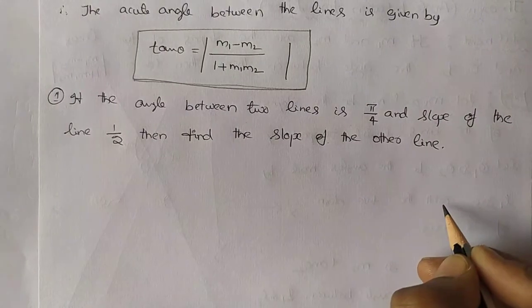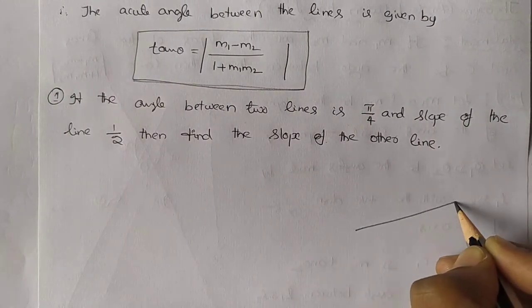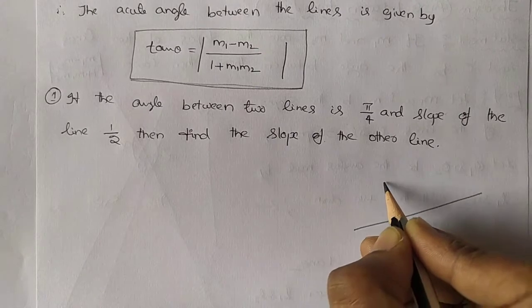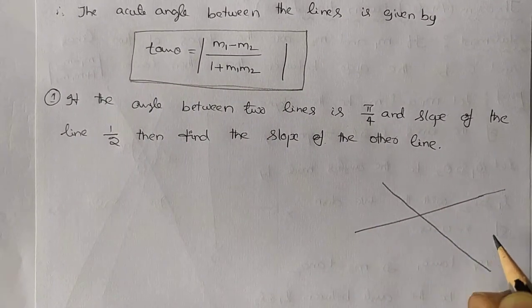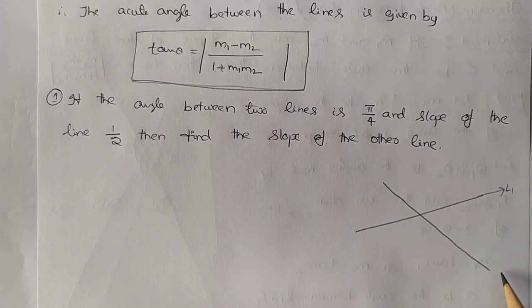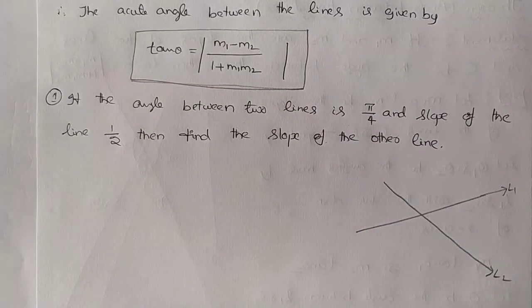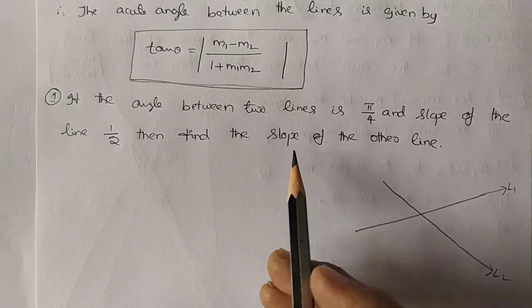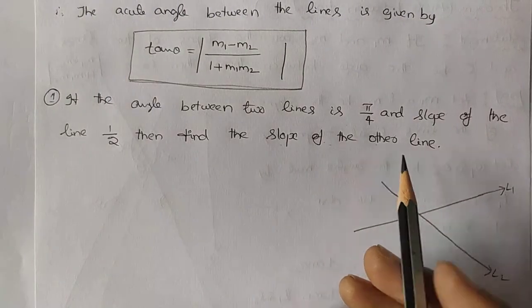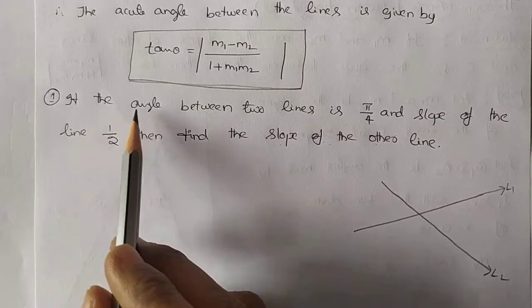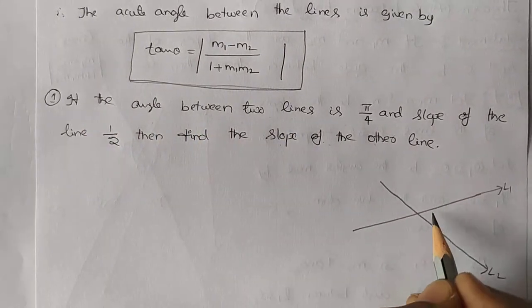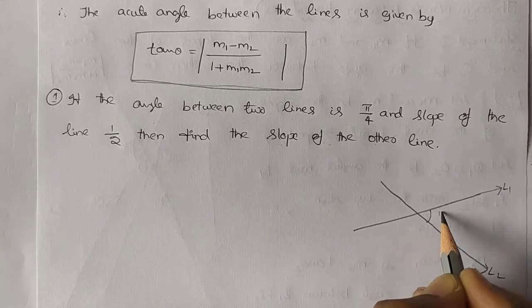Just imagine we have two lines, L1 and L2. We have to find the slope of the other line. He said in the given question that the angle between the two lines is pi by 4.